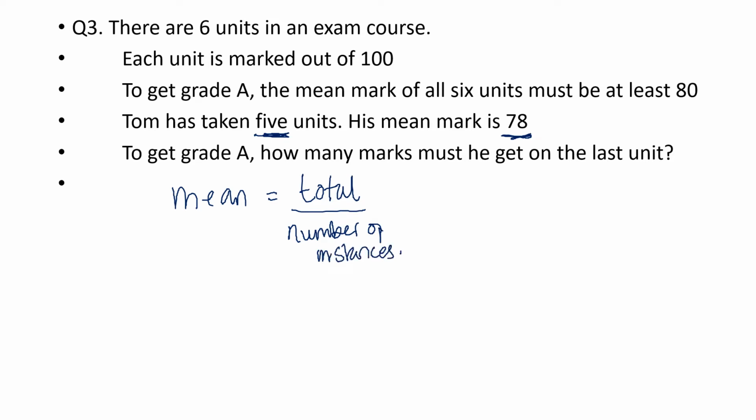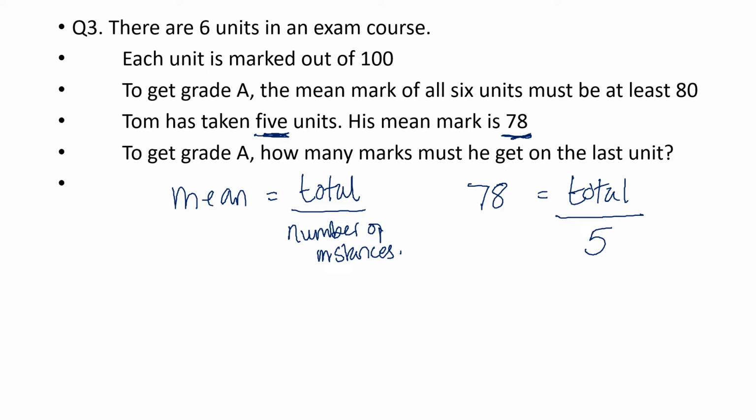In this case, the mean is 78, and that's going to be equal to the total, which we're not sure of yet, divided by 5, because he's taken 5 units so far.